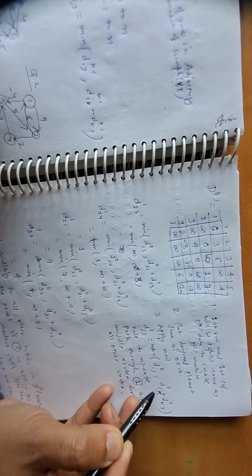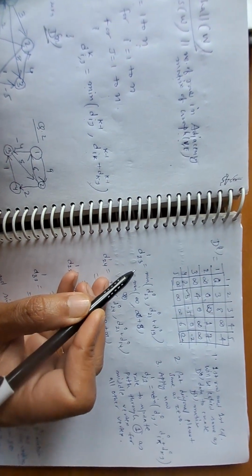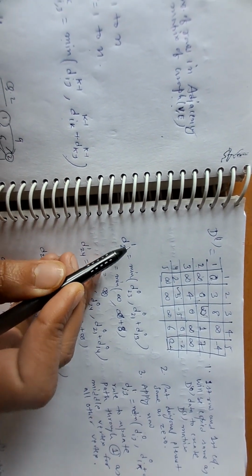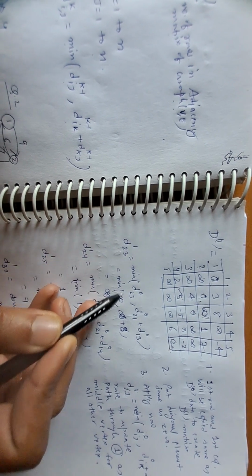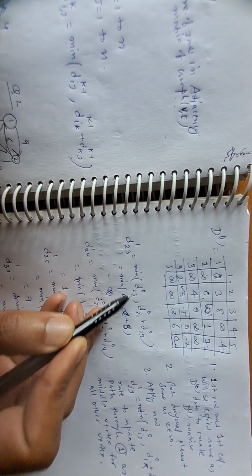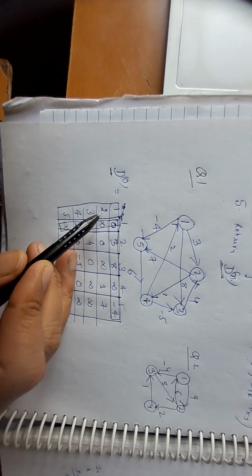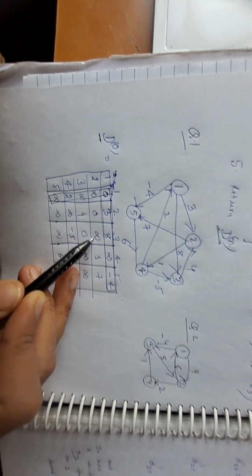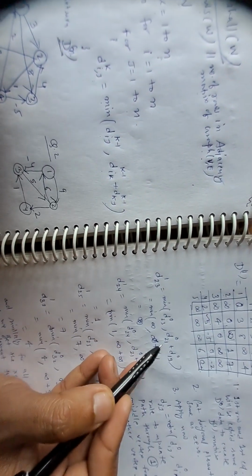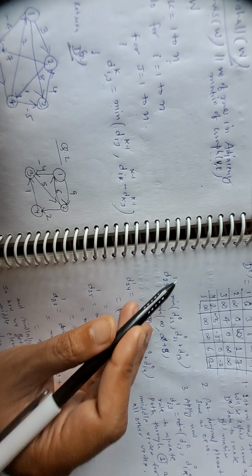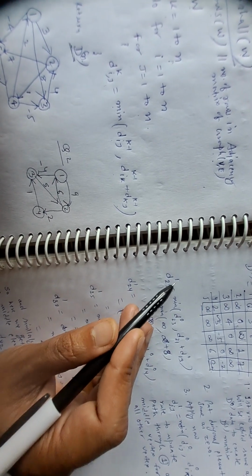Let's take a particular example: D23, which you want to calculate for this D1 matrix. You calculate the minimum of the D0 matrix value of 2, 3. You go to the D0 matrix and check the value of 2, 3, which is infinity, so you write infinity here. The second thing you need to calculate is D of 2 to 1 plus D of 1 to 3.